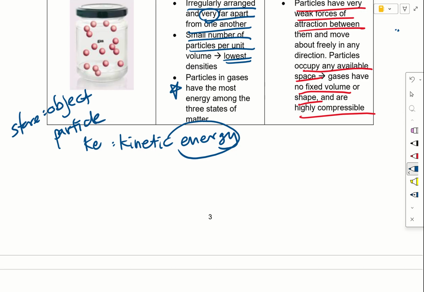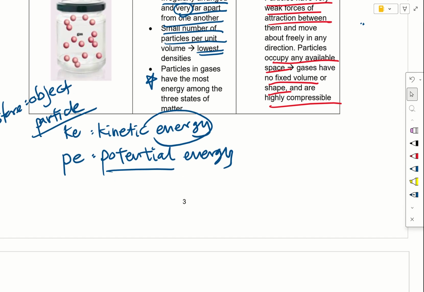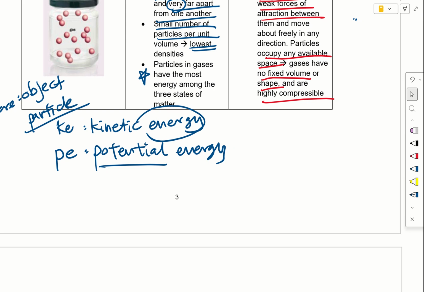Over here, particles actually have kinetic energy, and they also have potential energy, PE. Now this potential energy does not mean the chemical potential energy or the gravitational potential energy or the elastic potential energy. It's just potential energy that they possess. Kinetic energy depends on temperature. As temperature increases, the kinetic energy of particles will increase.